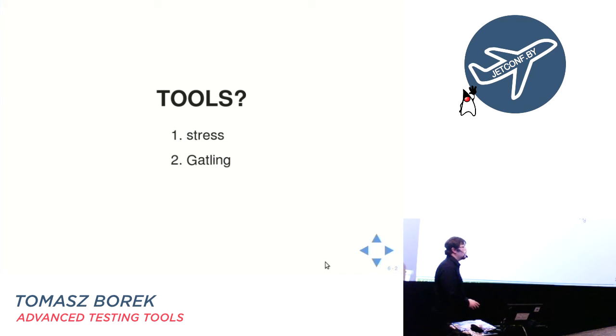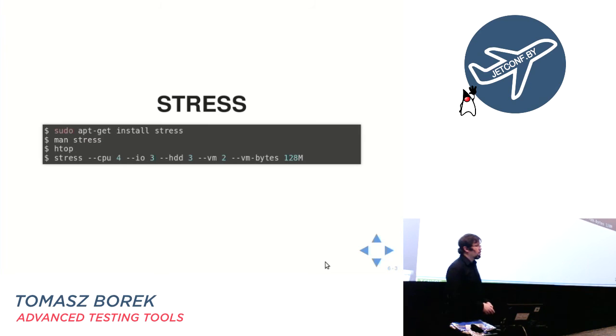It's a command line tool, and the other is Gatling, which is a Scala library. To have a command line tool in Debian, it's just sudo apt-get. Then I would suggest you run man to read. It's less than an A4 page, 1 sheet of paper, really. And then run htop and play.